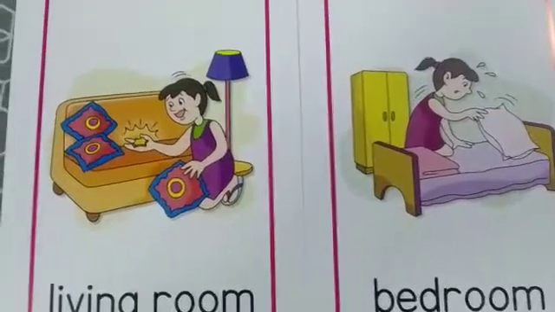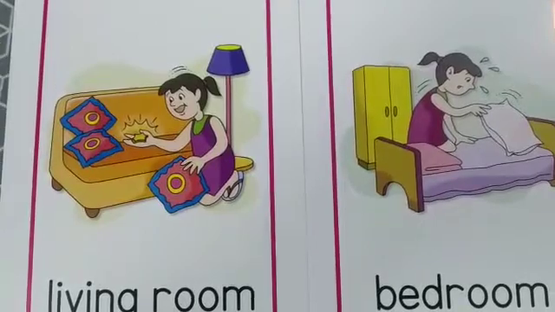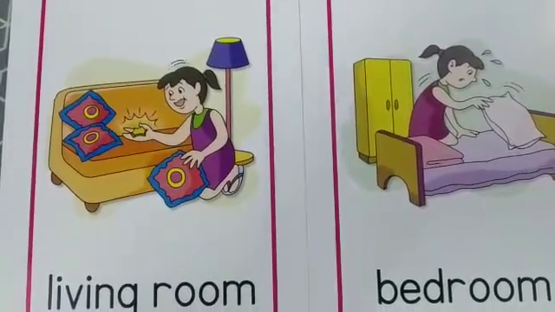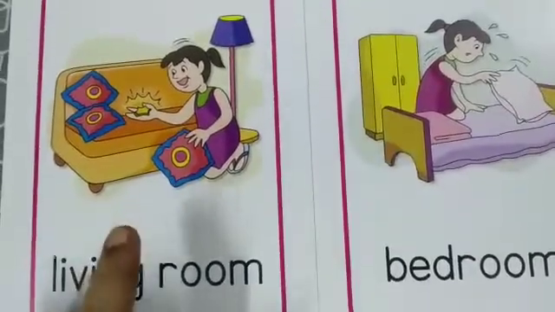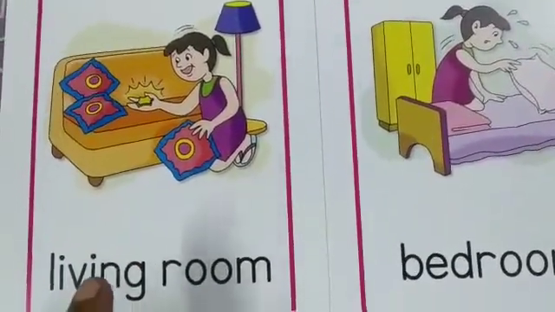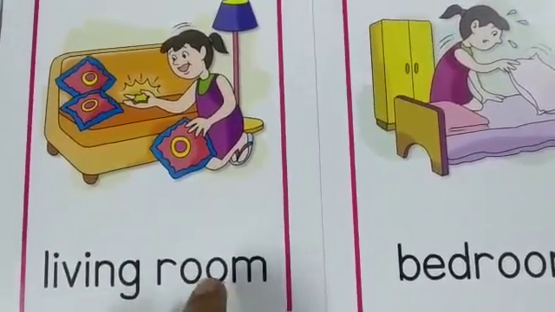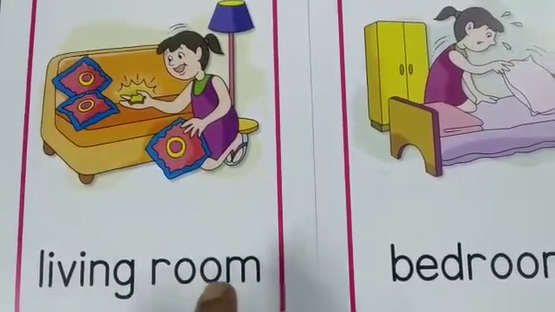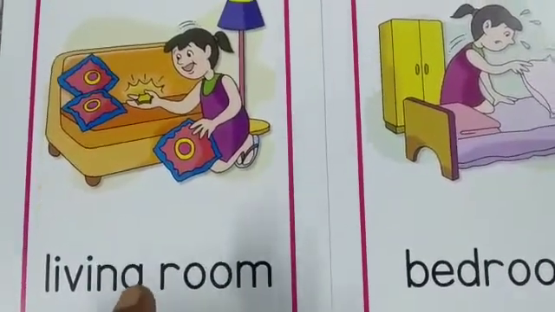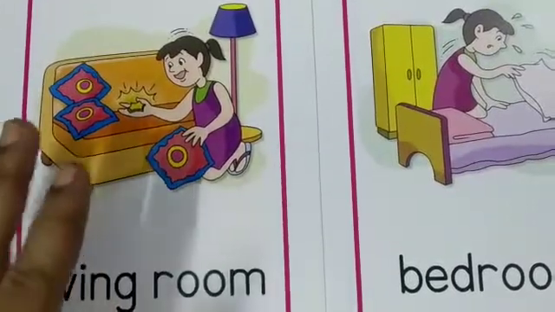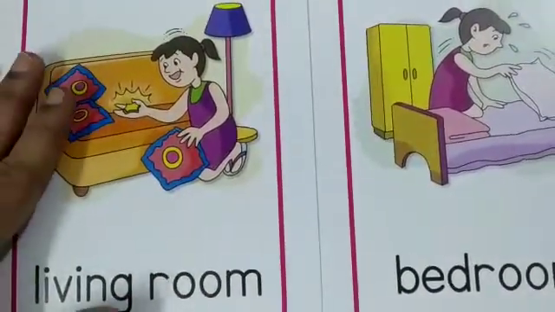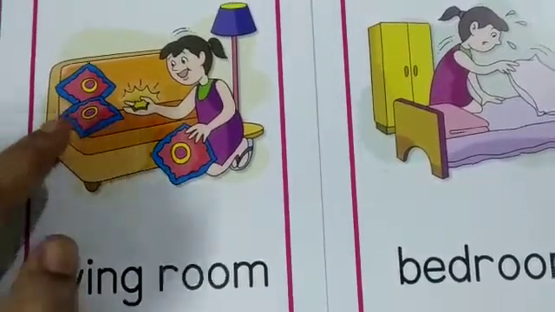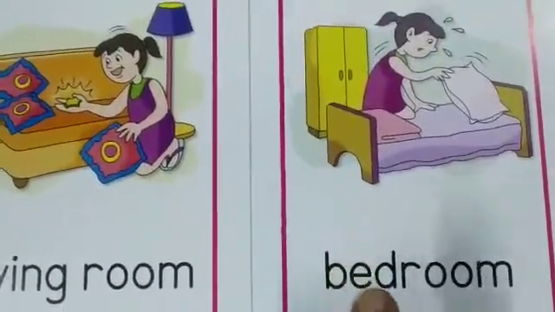Children, these are the flashcards of different kinds of rooms we have in our house. Please take these flashcards and practice reading. Living room. Living room is a place in your house where you keep sofa, TV, and when your guests come, they sit there. Okay? And this is bedroom.